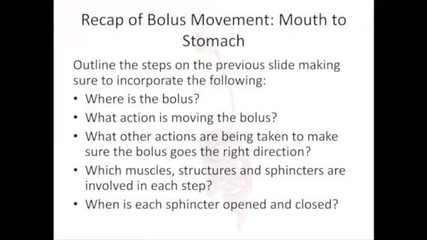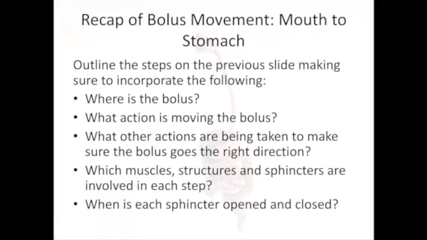Just a few questions for you to think about for each slide. Outline the steps on the previous slide, making sure to incorporate the following. Where is the bolus with each step? What action is actually moving the bolus? What other actions are being taken to make sure the bolus goes in the right direction? That would mean which things are blocked, which things are opened, things like that.